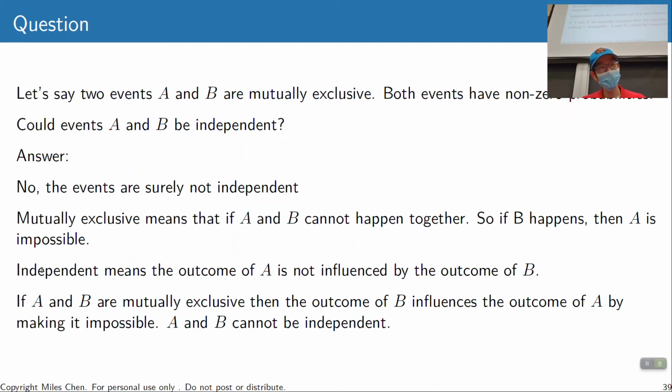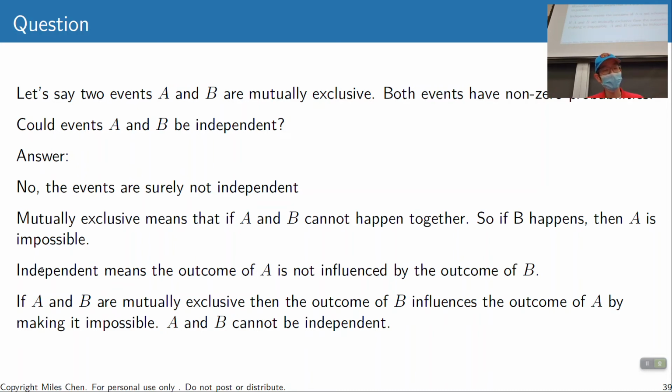But the probability of A, if we don't know whether B has happened or not, is just the probability of A. So the fact that the probability of A given B is 0, which is different from the probability of A, means they're not going to be independent.